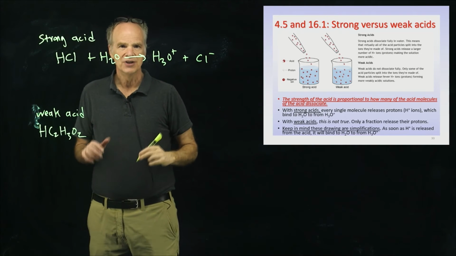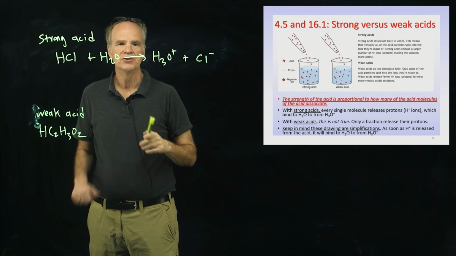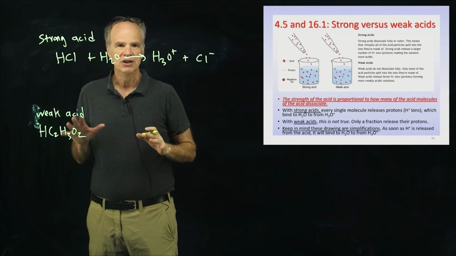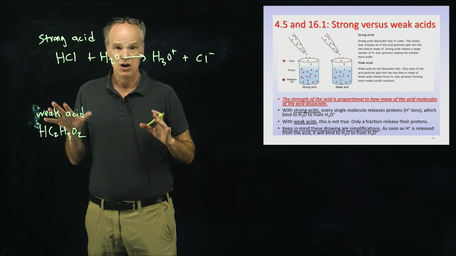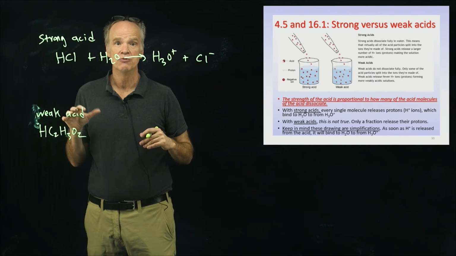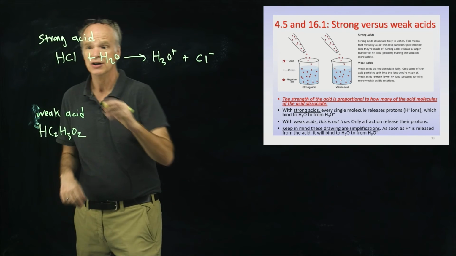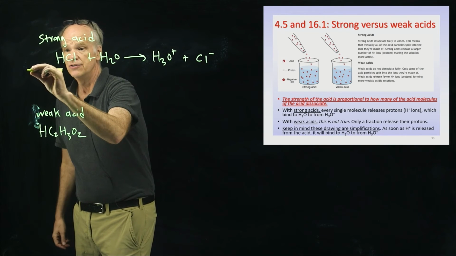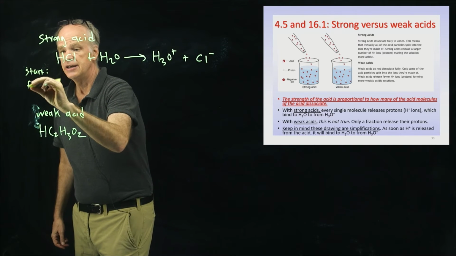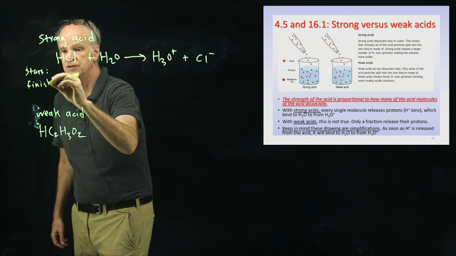Okay, so let's step back for a moment and try to understand why we're writing this arrow from left to right. Let's imagine what the molecule population looks like before the reaction starts, and then what it looks like after the reaction is over. So I'm going to write here start and finish.